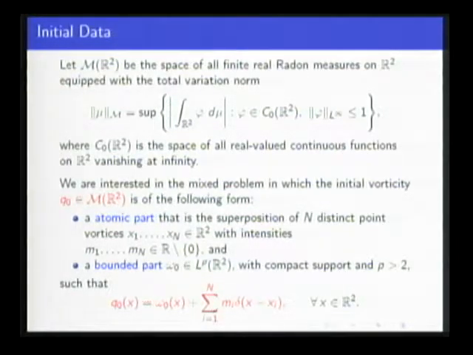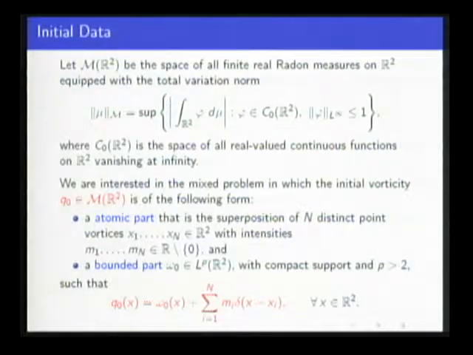We'll suppose that our initial vorticity is the superposition of a finite number of point vortices centered in x1 to xn with intensities m1 to mn, and a non-atomic background vorticity omega 0 that has compact support, and we'll be assuming that it belongs to L^p with p bigger than 1. Here, delta of x minus xj is the Dirac measure centered on my point vortices.